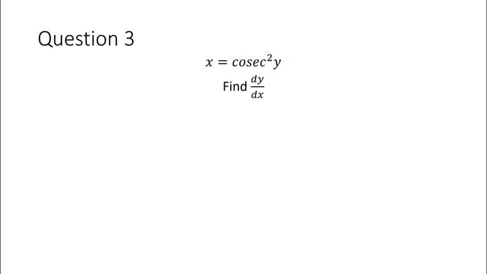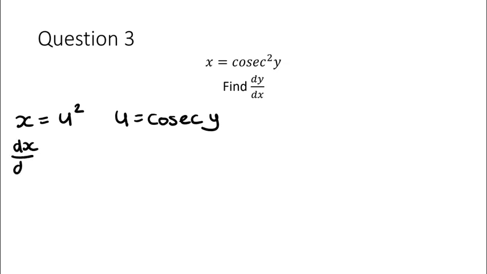Again, let's use the chain rule. I'm going to let u be cosec y. So that makes x equal u squared, where that u is cosec y. And then I find dx by du and du by dy.